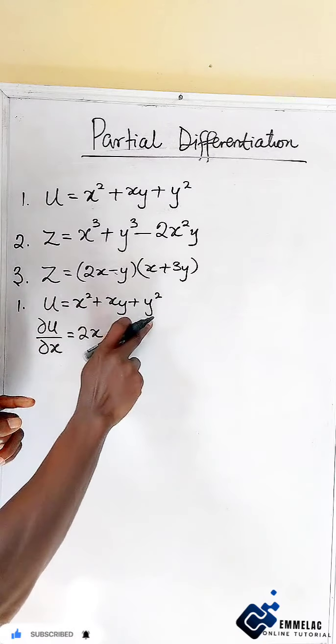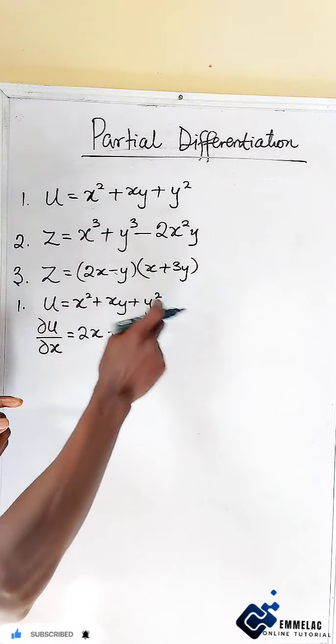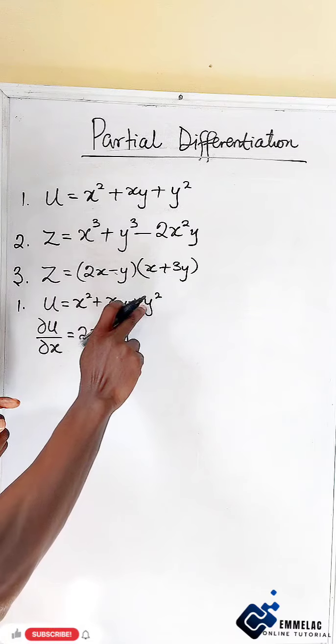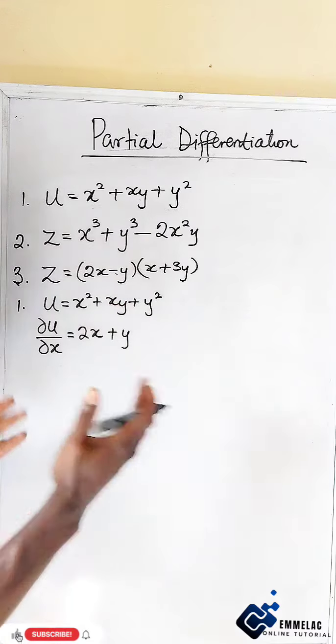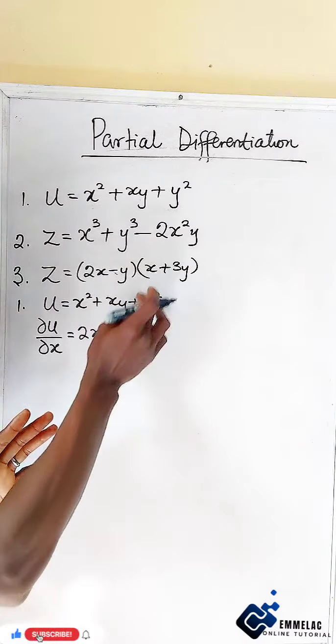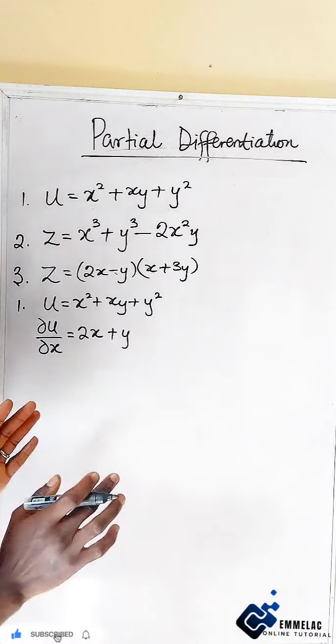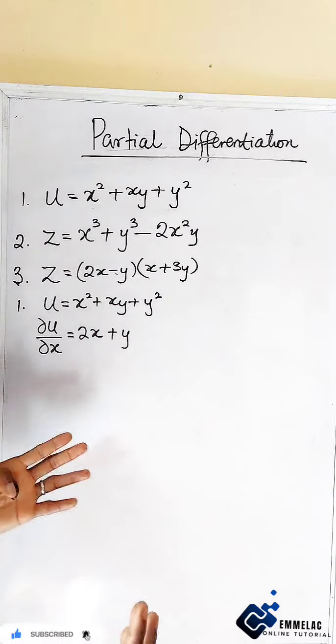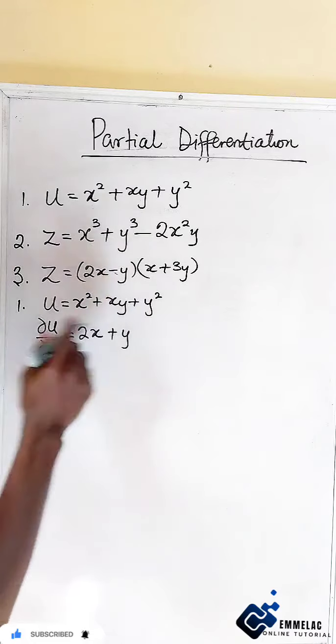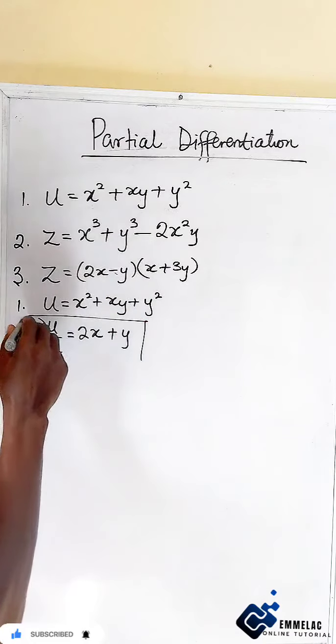In this case, y squared does not have x as a term associated with it, so we regard this as a constant, and when you differentiate a constant, it becomes what? 0. So this is the final answer.